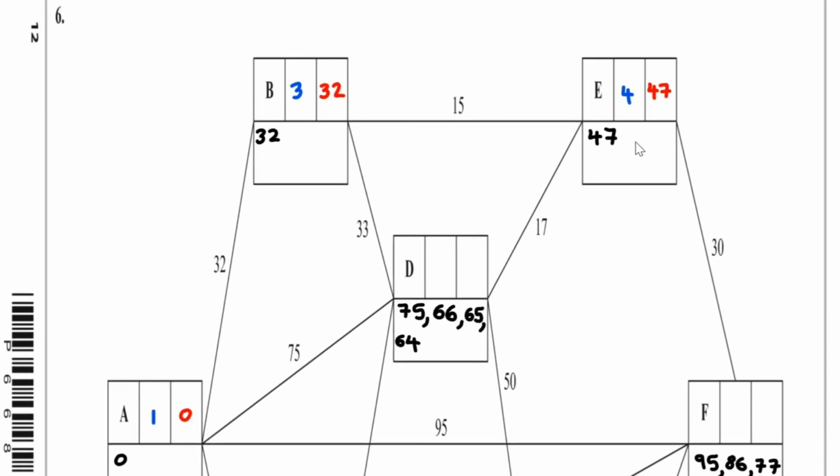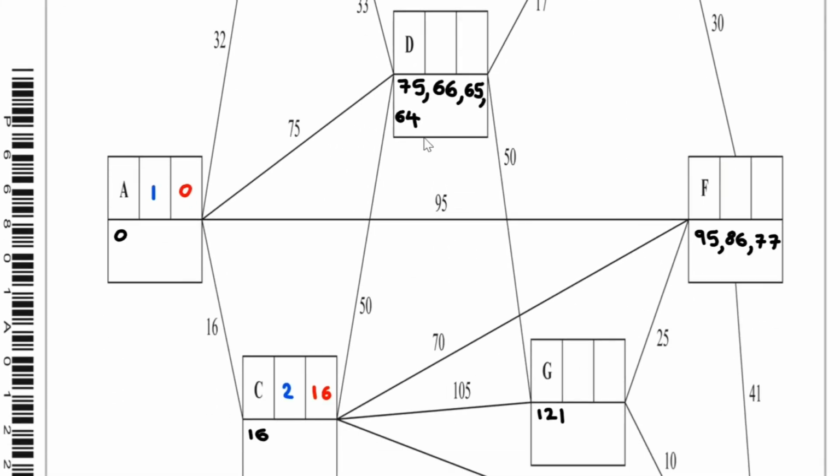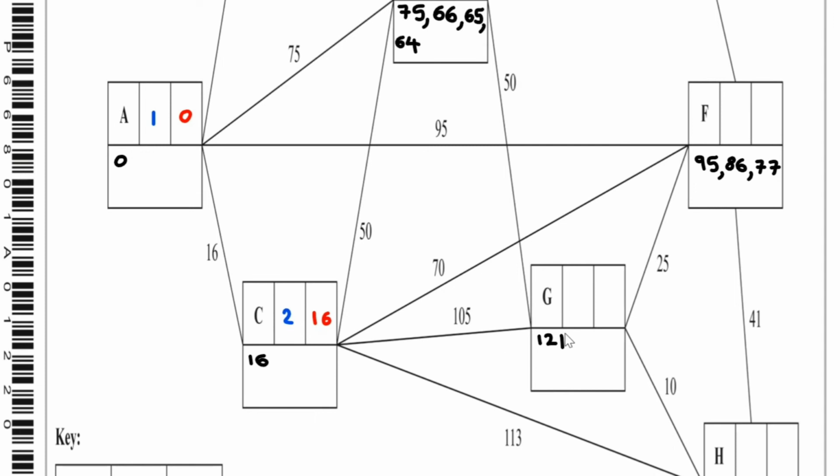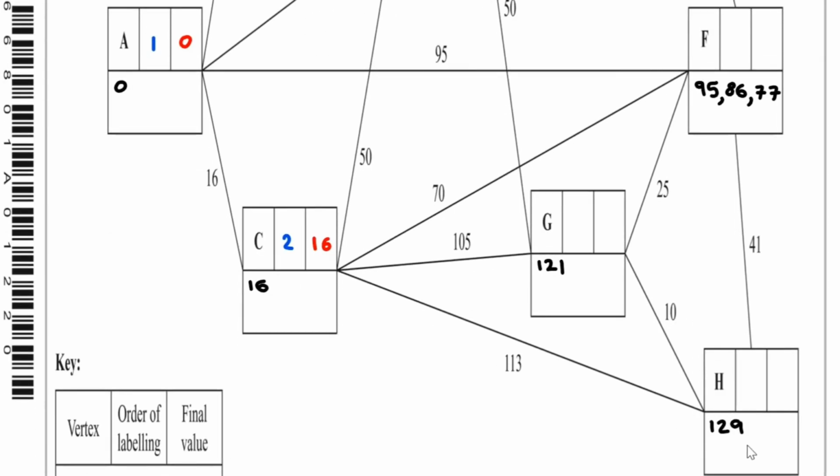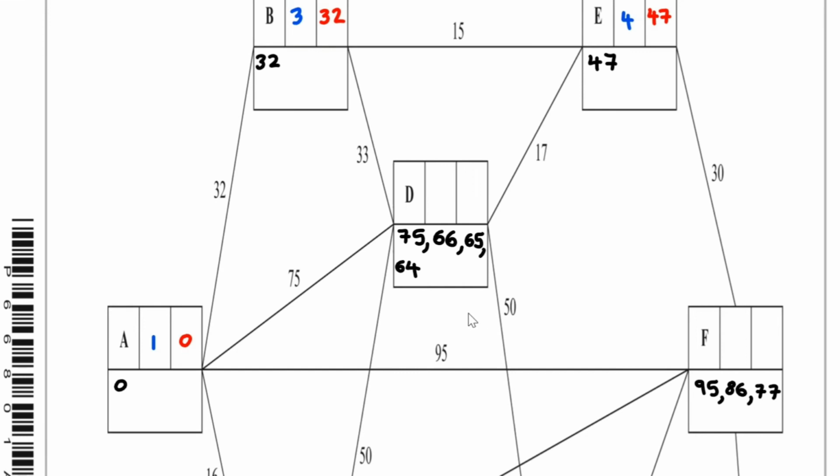And that's all that comes off E. So now we need to compare the 64, the 77, the 121 and the 129. The smallest one is the 64, so D has a final value of 64, and it will have an order of labelling 5.